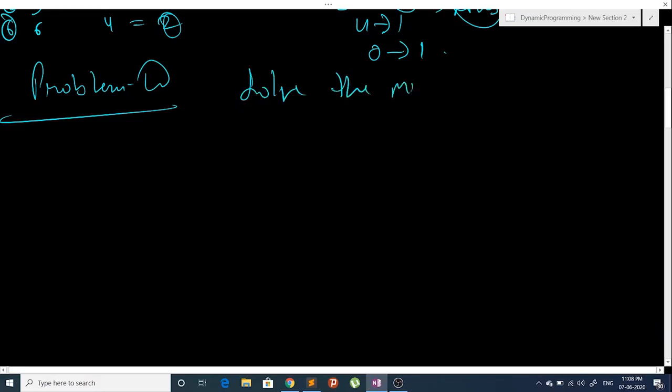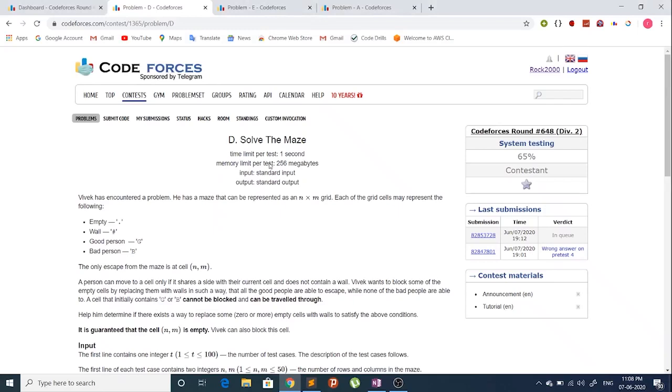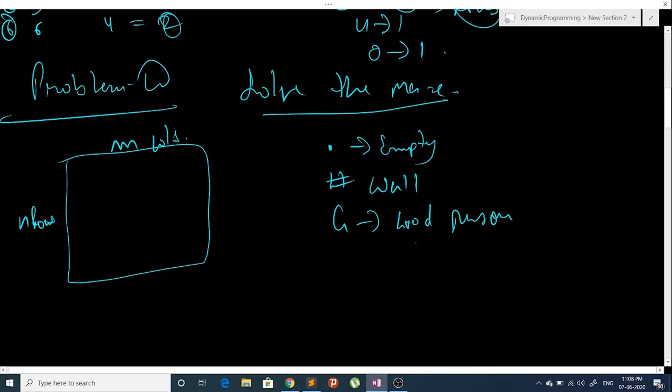In the problem we are given a maze of n rows and m columns, and we have 4 characters here. The first character is empty, the second character is wall, the third character is good person, and the fourth character is bad person.